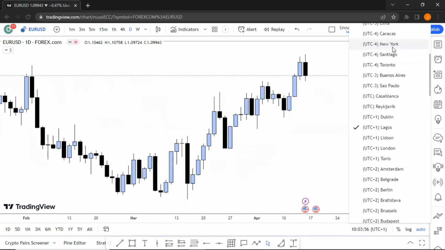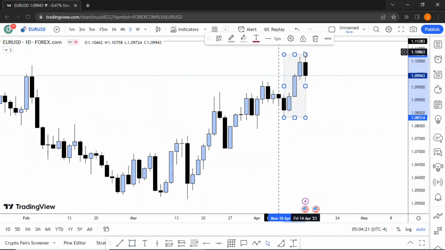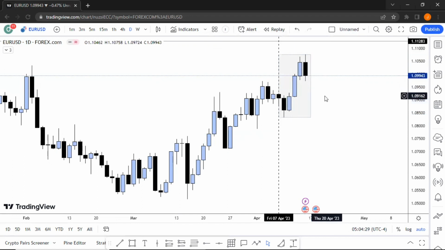We're going to mark from last week Friday, so that we can know when the start of the week is. So we want to cover the price action from this candle to this last candle there.